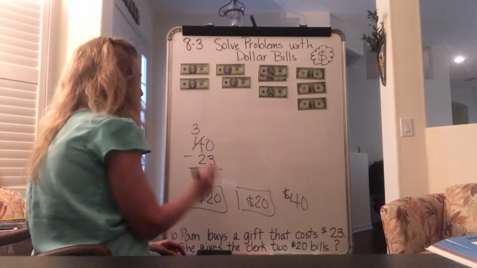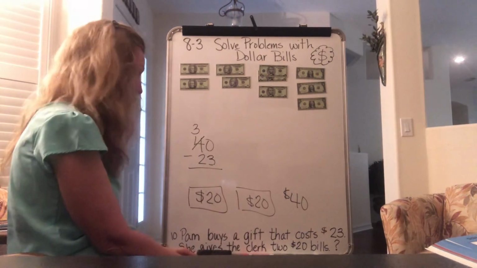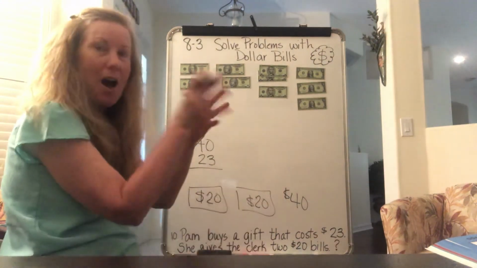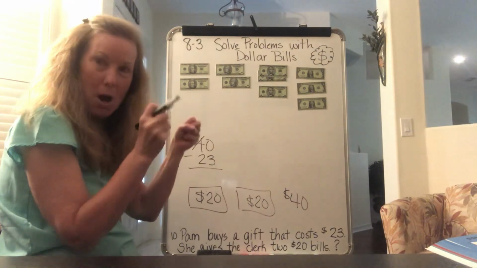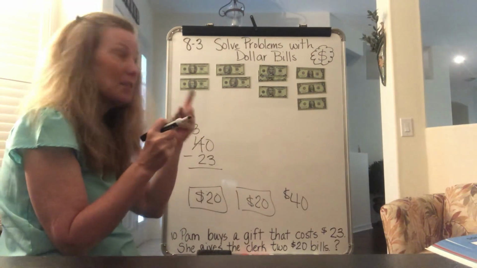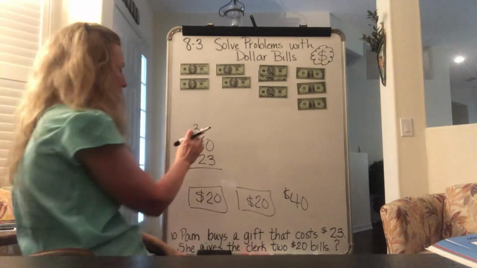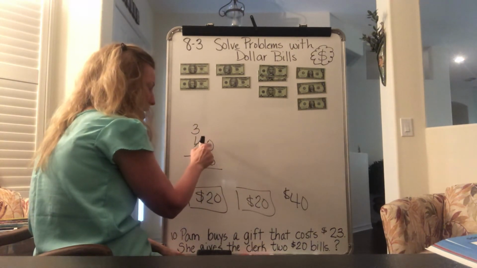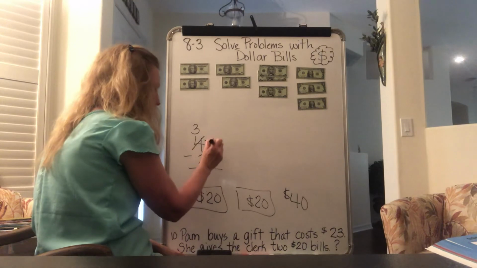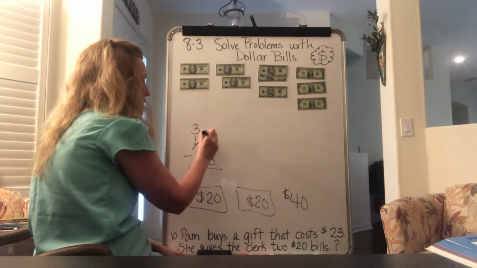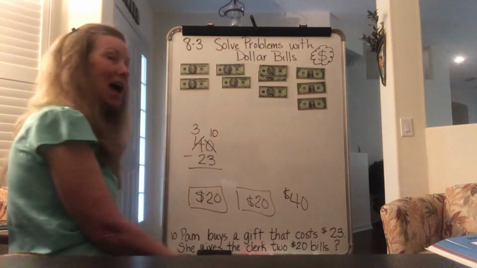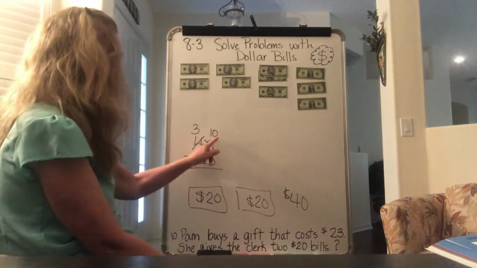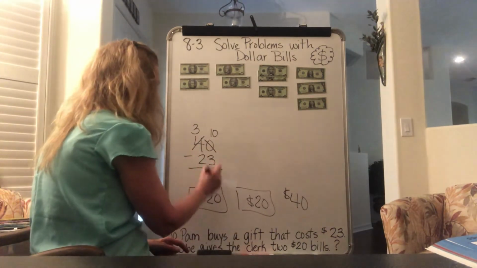So I'm going to take one of my 10s, that's right, you're going to hear me say it, I'm going to break it apart into ones. That's right, there are 10 ones inside a 10. And I'm going to add them to the 0 that's here. So 0 plus 10 makes 10. Now I have enough ones. 10 minus 3 is 7.